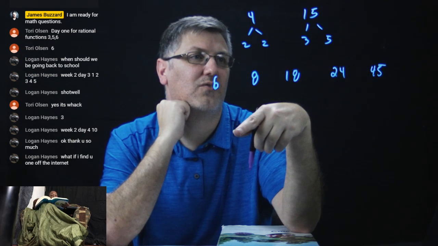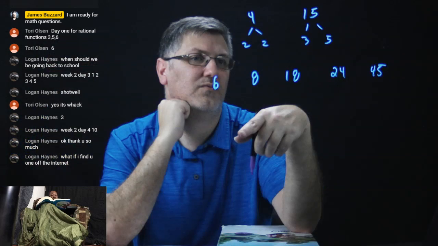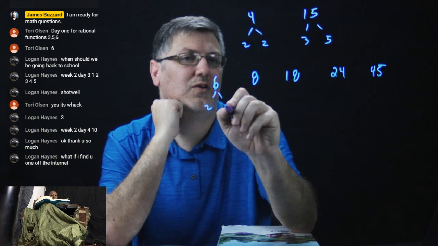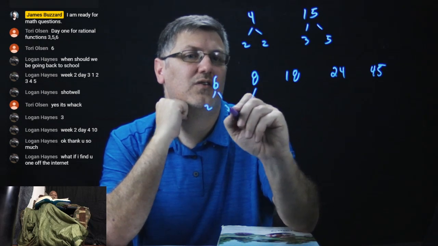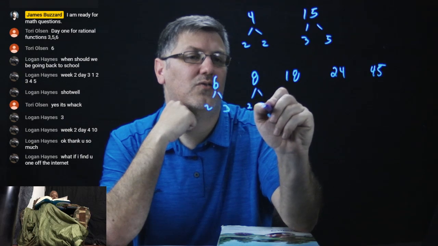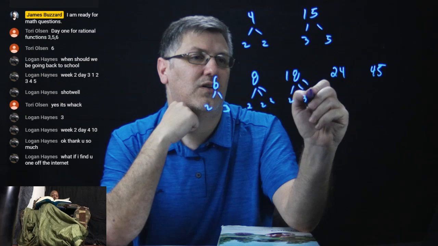And what does it ask? All numbers divisible by both. So 6 would be a 2 and a 3. This would be a 2 and a 2 and a 2. This is a 2, a 3, and a 3.